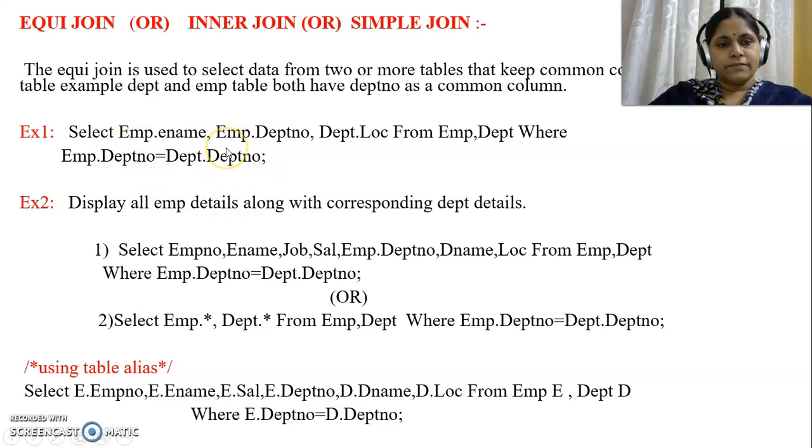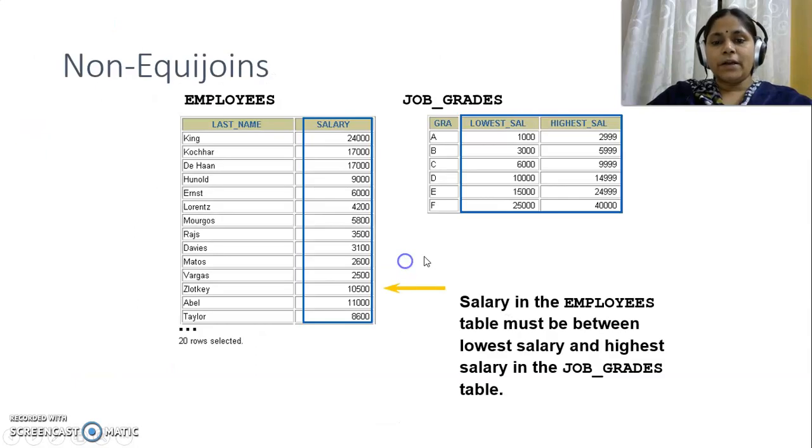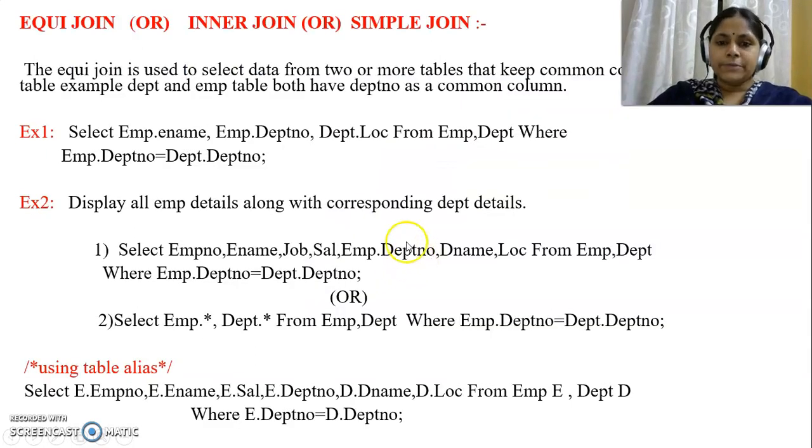This is one example. In the second example, I am showing you: select employee number, ename, job, sal and EMP.department number, dname and also location from EMP, department. Why am I specifying EMP.department number? Because we have department number in both the employee table and the department table, so whichever department number we want, we should specify with the relation in front of it.